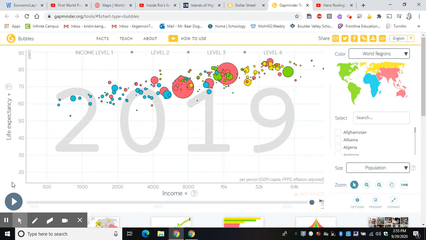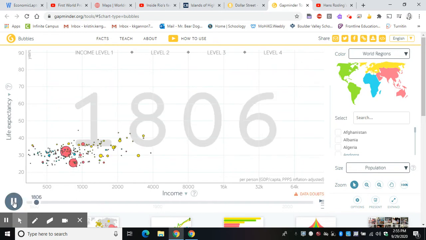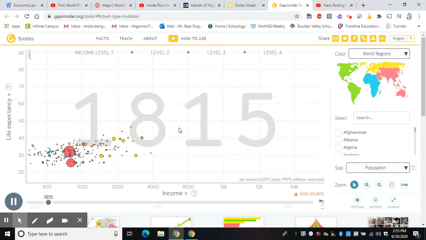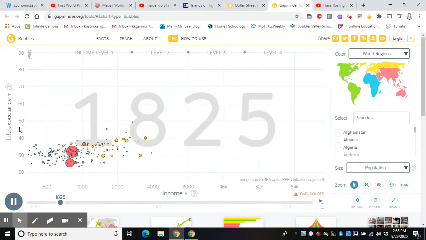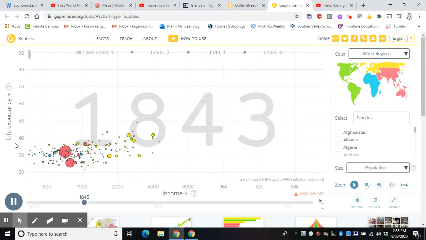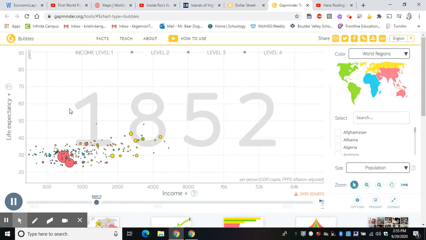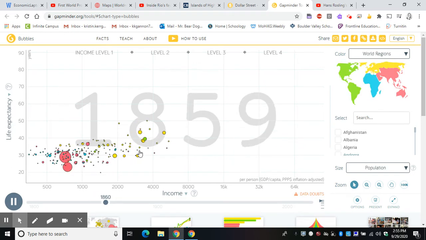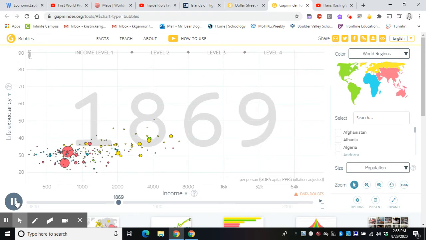And in this graph, this is going to compare life expectancy to income. And these GIFs, when you run them, and you may have to load the program, are going to show the bubbles moving, showing that as income improves, life expectancy also rises. And you'll be able to track countries and regions and analyze this.